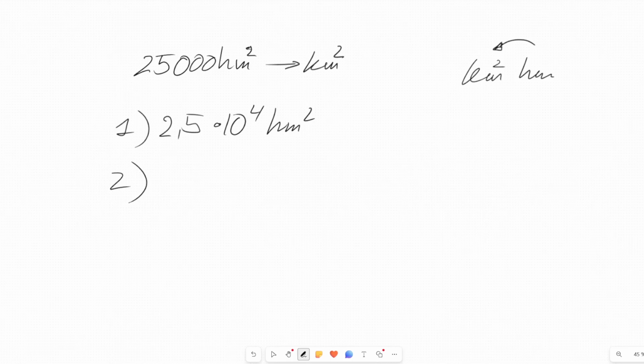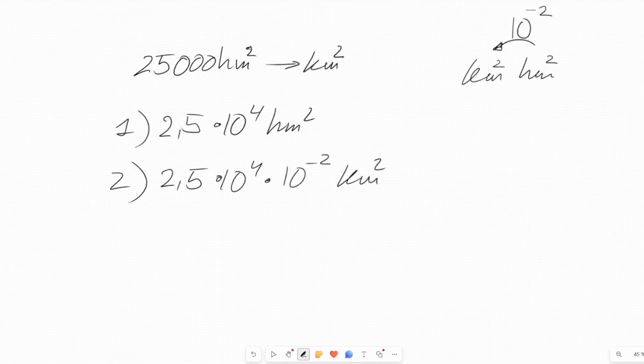But in this case, because it's a squared unit, then the exponent is going to be minus 2, because each step is going to be double. Instead of 1, we will have double 1, which is 2. Did we get this? So we will have 2.5 times 10 to the power of 4. And when we write down the equivalence, we're going to write down 10 to the power of minus 2 kilometers squared.